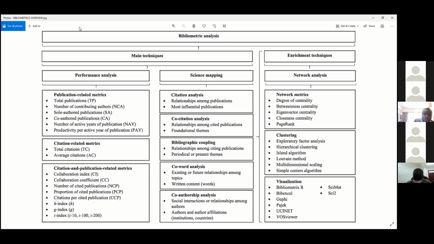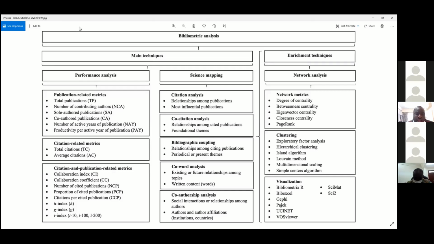In the performance analysis, you are looking at, let's say, the total number of publications by a faculty member, by a department, by an institute, by a university, or the number of authors contributing to a set of papers that you have identified, which ones are authored by an individual alone, and which ones are authored jointly with others.